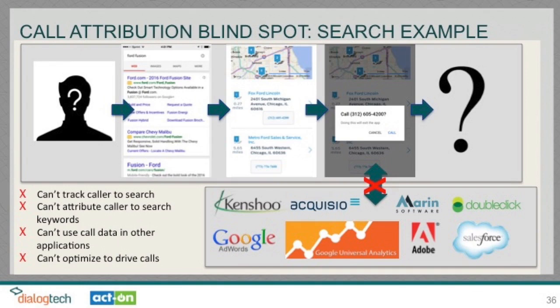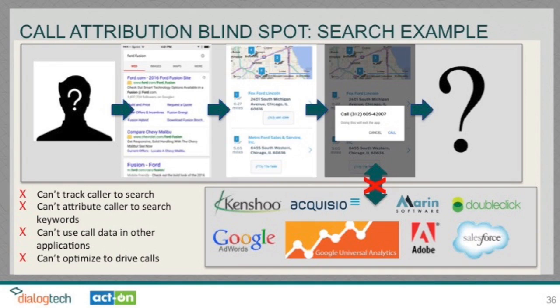You don't know what keyword search they used before they visited your site. You don't know that they called a specific dealership from that keyword search. And you don't really know if that person goes on to actually book an appointment with the dealership or become a customer. You can't tie that back to your marketing channel to get credit for it.